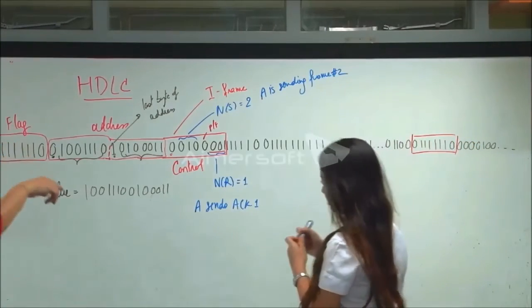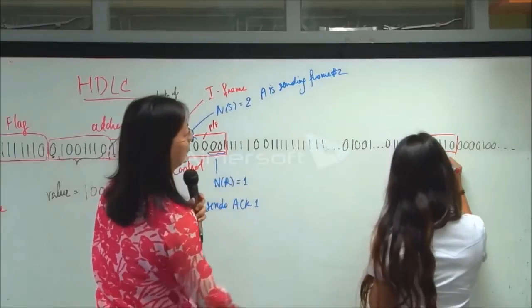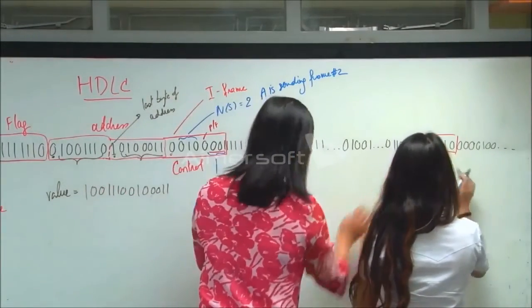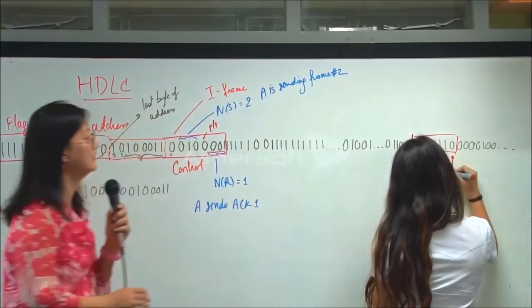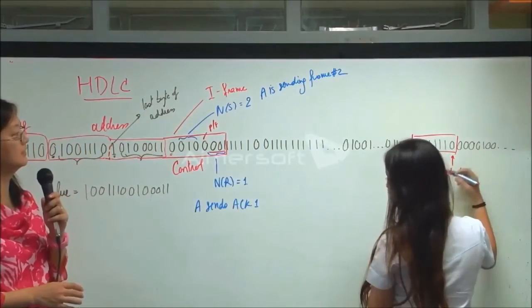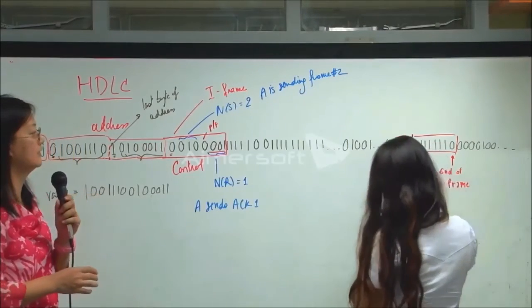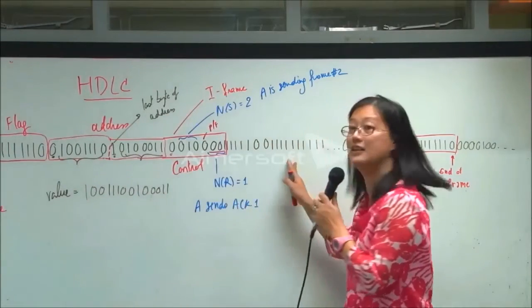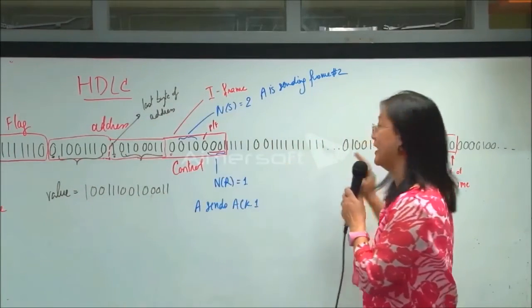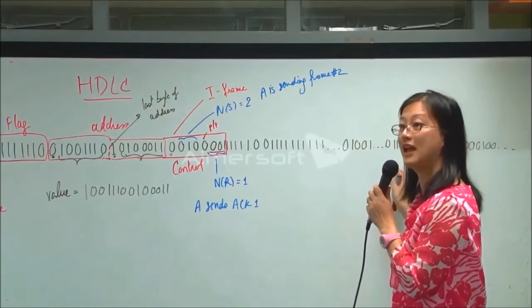Okay, and then mark this as the end of a frame. No, this bit is the end of the frame, right? Yeah. Okay, thank you. So even though the information is variable, you can still know the end of the frame by finding another flag.